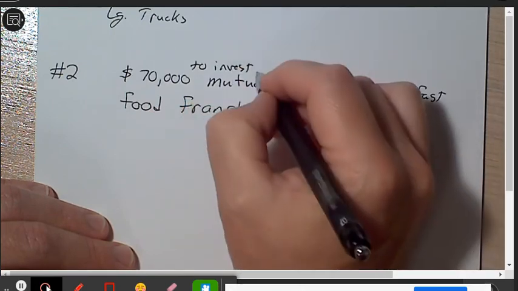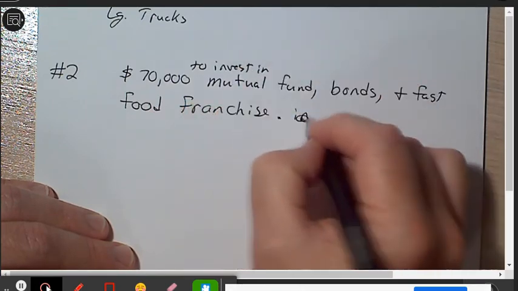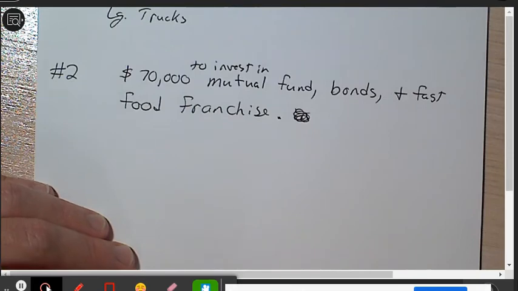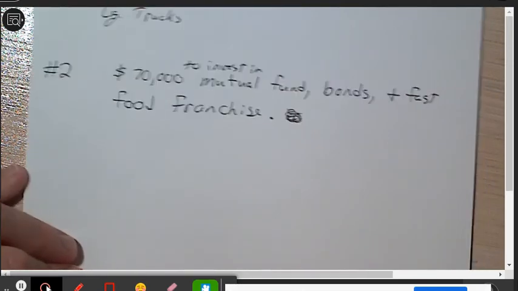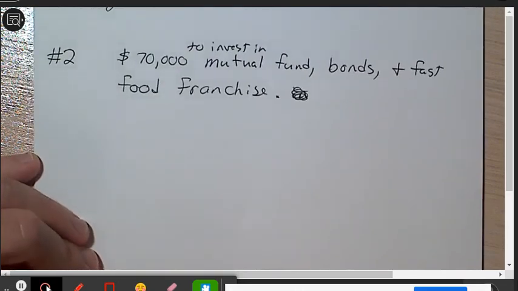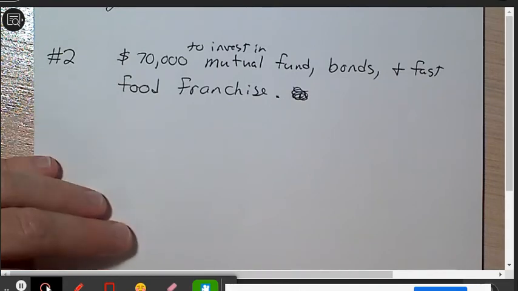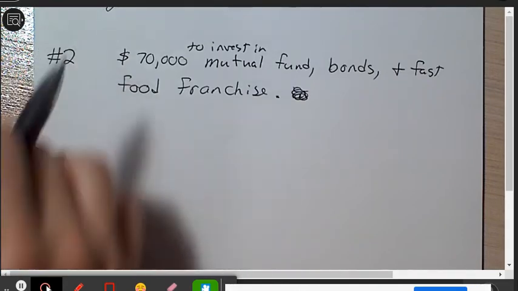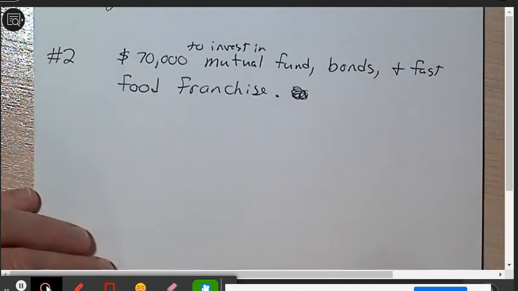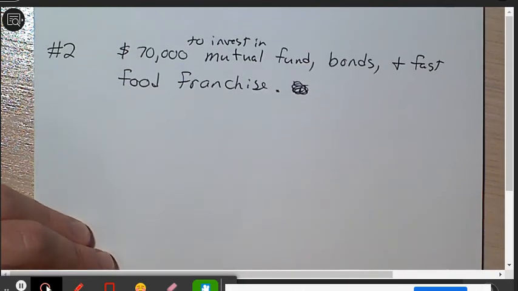Sorry, in mutual funds. So it's worded a little better. So we've got $70,000 to invest in mutual funds, bonds, and a fast food franchise. You may say, well, that can't be possible. I think for a $50,000 investment, you can own a Steak and Shake. I can remember reading that one time. So there's her $70,000 to invest in mutual funds, bonds, and a fast food franchise.